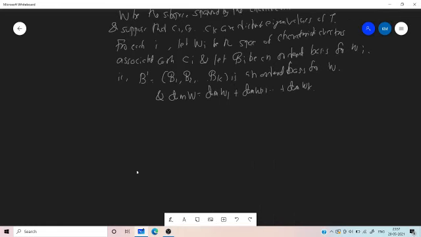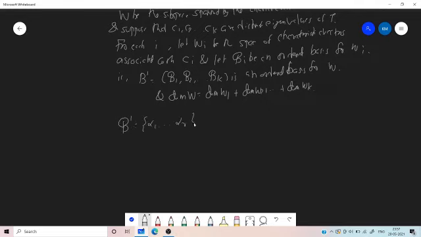Now, suppose that beta dash is equal to the set alpha 1, alpha 2, etc., alpha r, so that the first few alphas form a basis for W1, which is beta 1.